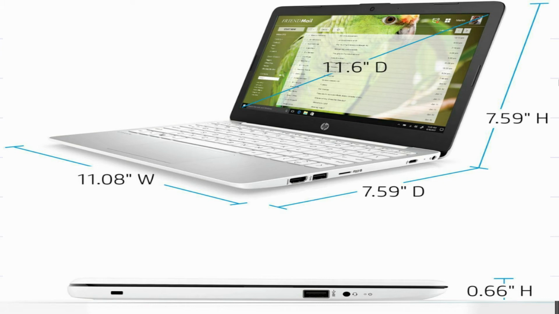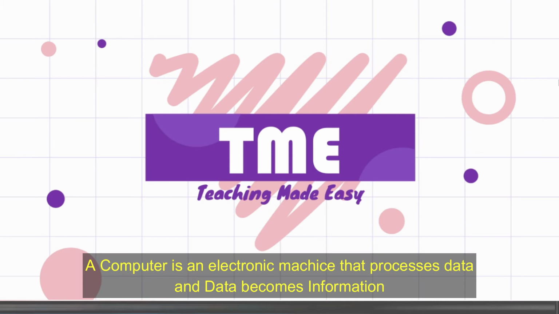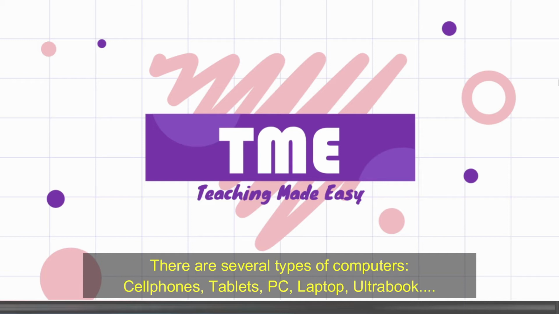All of those are computers. A computer is an electronic machine that processes data. Data becomes information. We have several types of computers: cell phones, tablets, PCs, laptops, and so forth.